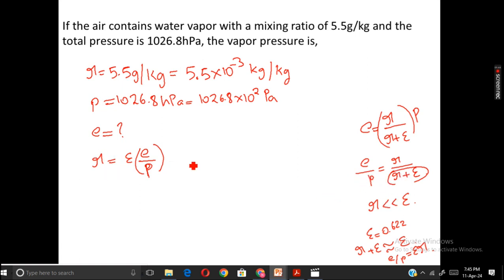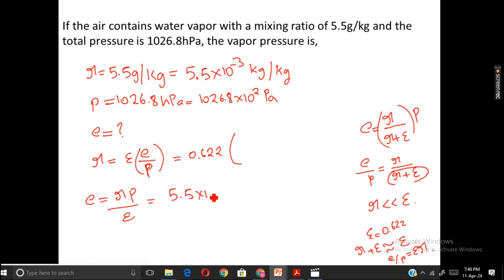So R is equal to epsilon into E by P, which is 0.622 into E. We have to calculate E basically. E is equal to R P by epsilon.